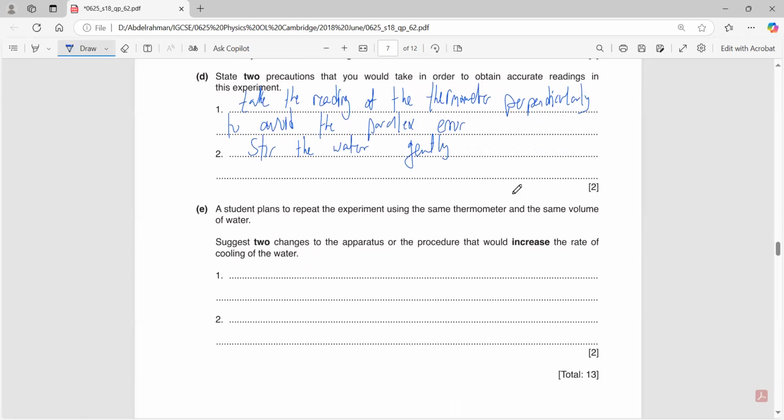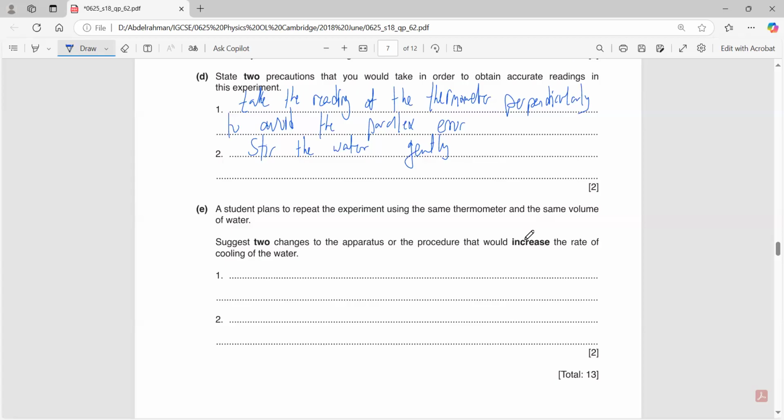A student plans to repeat the experiment, okay, using the same thermometer and the same volume of water. Suggest two changes to the apparatus or the procedure that would increase the rate of cooling of water. So how can I increase the rate of cooling of water?